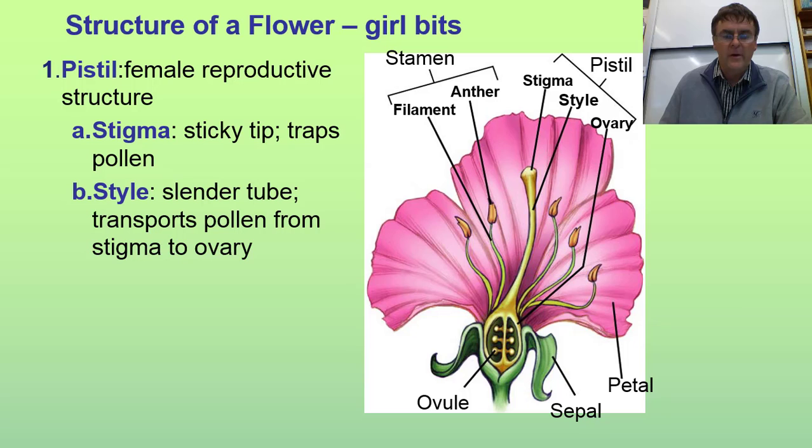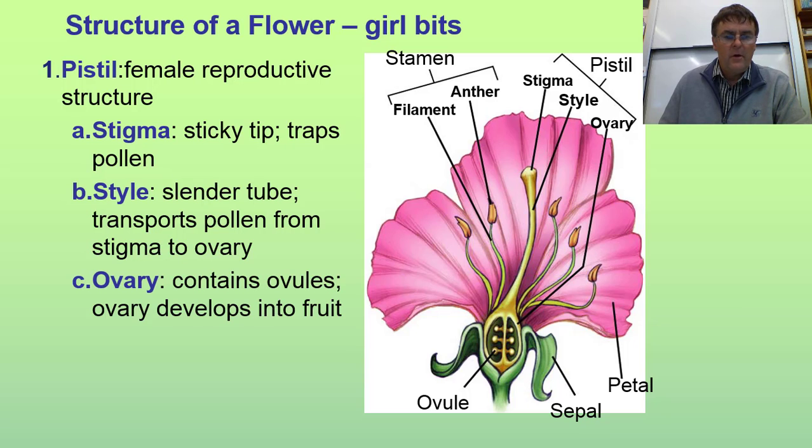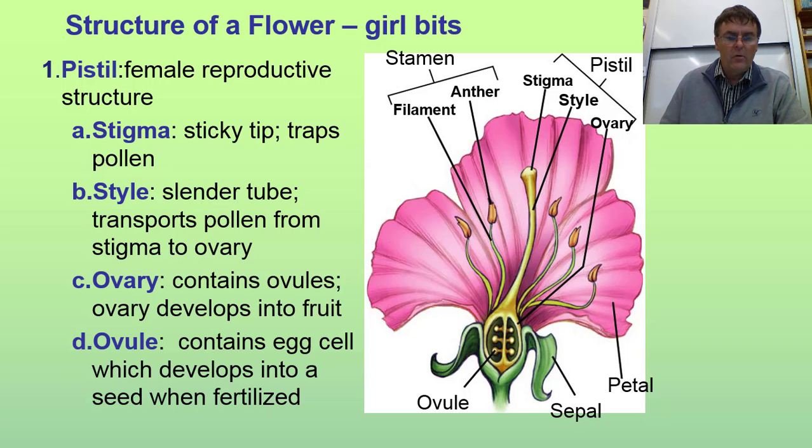The pollen tube grows down through that. The ovary is where the ovules are. The ovary will develop into the fruit. We'll see that later on in a different video. And ovules, those are the egg cells. They'll grow into the seeds. So the ovary will become the fruit, the ovules become the seeds.